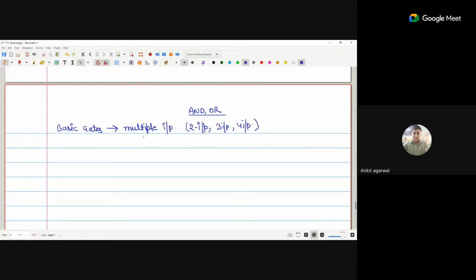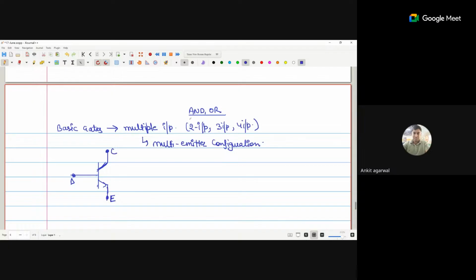I think you are aware of the multi-emitter configuration of transistor. Normally the transistor is this one: this is the collector, this is the base, and this one is the emitter.